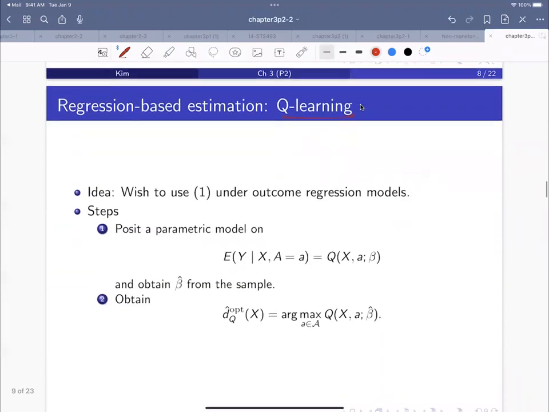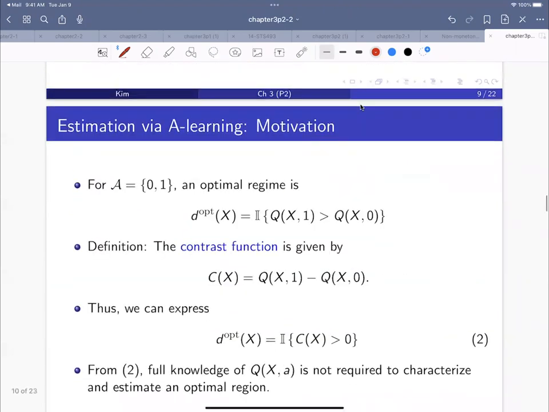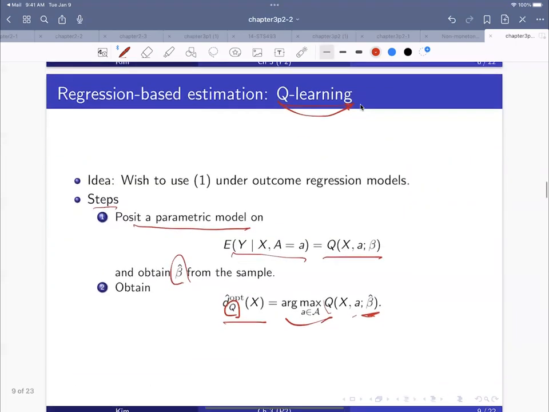Basically, posit a parametric model on Q, the conditional expectation, obtain beta hat, plug in, and use that to find the optimal treatment regime. The subscript Q denotes that we are using the Q function, which is the Q-learning regression estimation. That's it.